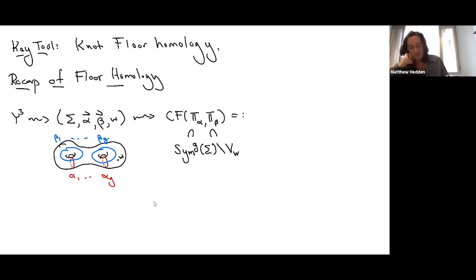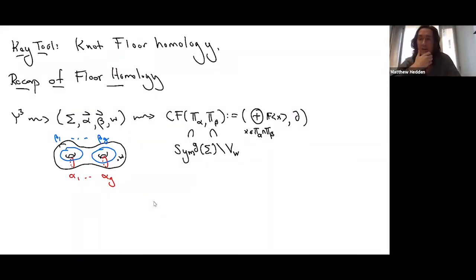Okay, and so from this, what Floer defined associated to this setup is a chain complex generated by intersection points of the two submanifolds, and whose boundary operator counts J-holomorphic curves, or pseudo-holomorphic curves, connecting the various intersection points.